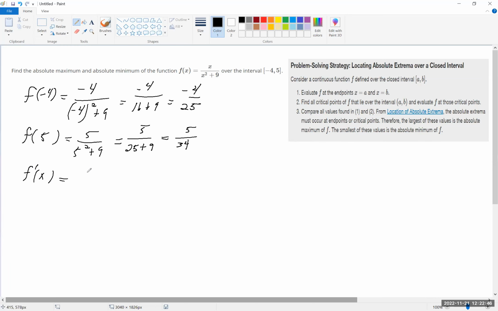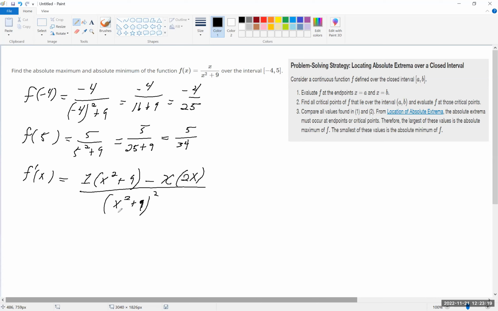That would be the derivative of the numerator, leave the denominator alone, minus, leave the numerator alone, and find the derivative of the denominator, all divided by x squared plus 9, the denominator, squared.